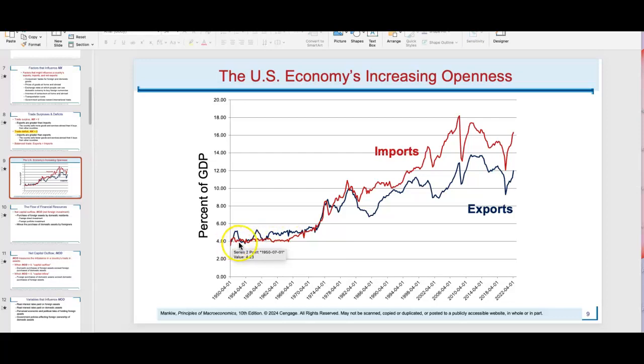Look back here in the 50s, our imports were less than our exports, and then in the mid 70s, they kind of matched for a while. Through the 80s, there were more protectionist policies during this time.